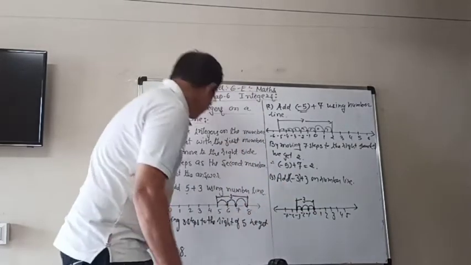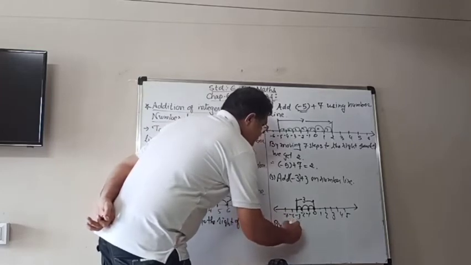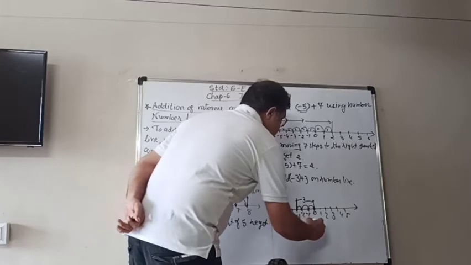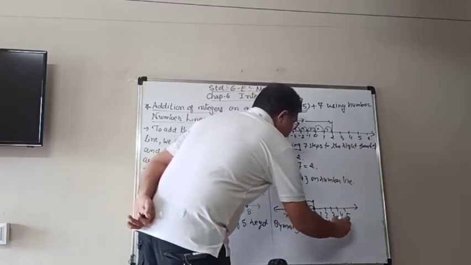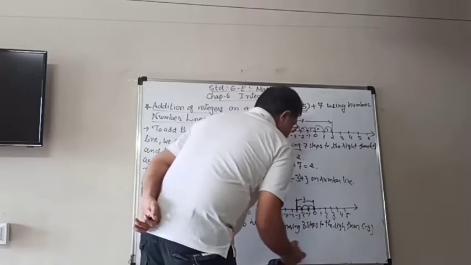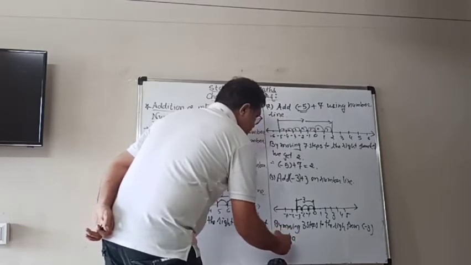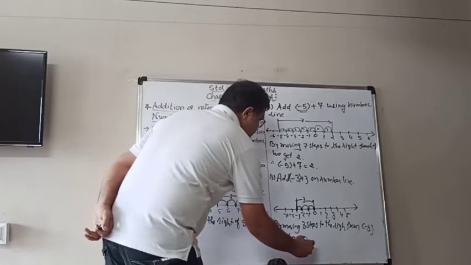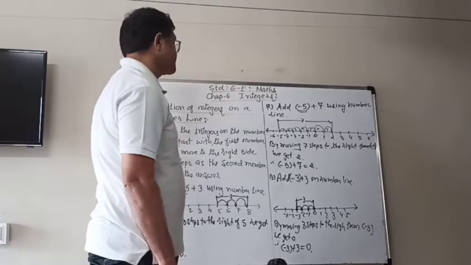So by moving 3 steps to the right from -3, we get 0. Therefore, -3 plus 3 is equal to 0.